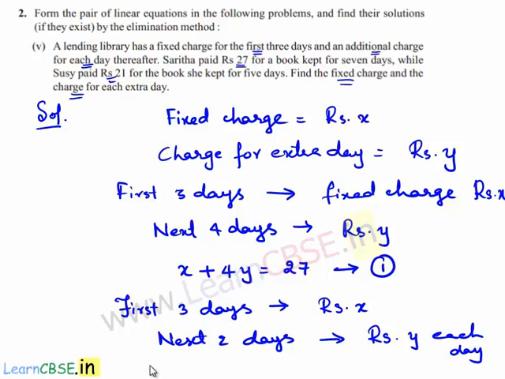So this equation becomes x plus 2 times of y. This is because the extra days are 2, and for each day the additional charge will be y. So this becomes x plus 2y is equal to the amount she paid, which is 21 rupees. Name this as equation number 2.